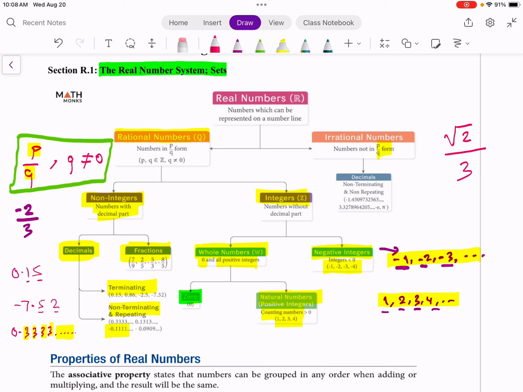Our q is 3, which is not equal to 0, that's true. Our p is square root of 2, q is 3. Now, are p and q integers? 3 is an integer, right? 3 is a positive integer, 3 is a natural number. But what about square root of 2? Is that an integer? No, it isn't. What kind of number is square root of 2? It's a non-integer. It's going to be a decimal.